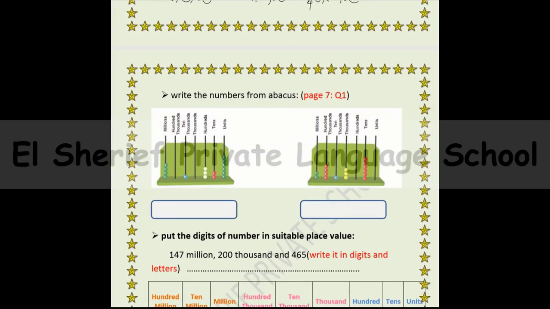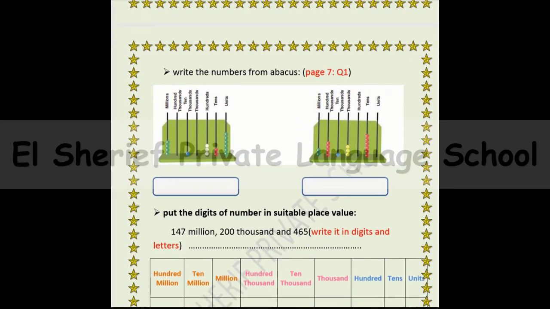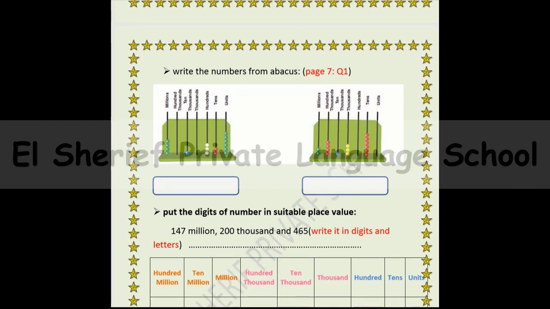Go to exercise 1 on page 5. Look at the abacus. The first abacus here we have units, tens, hundreds, thousand, 10,000, 100,000, and million. So we have 7 place values or 7 digits. In units we have how many balls? Count 1, 2, 3, 4, 5, 6.